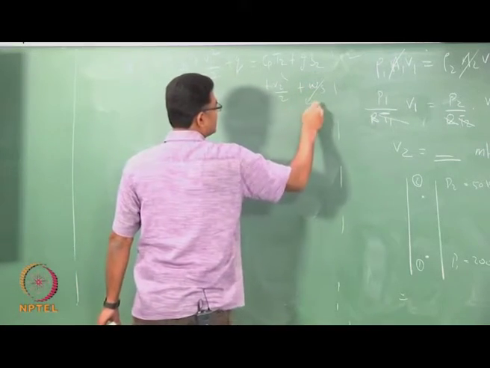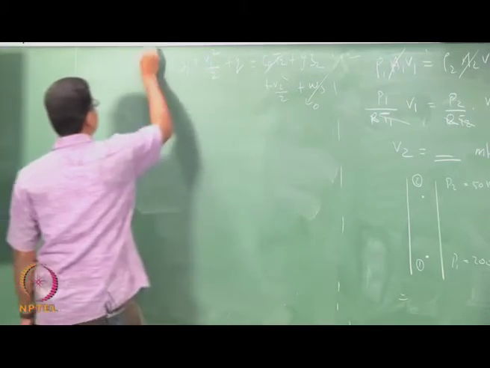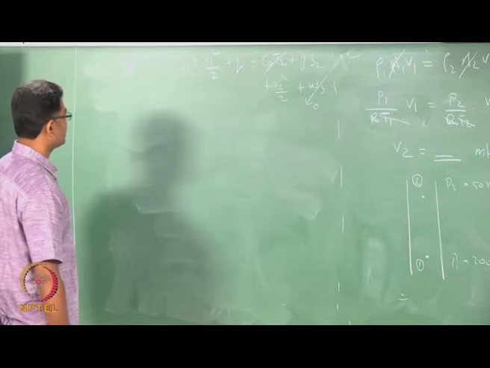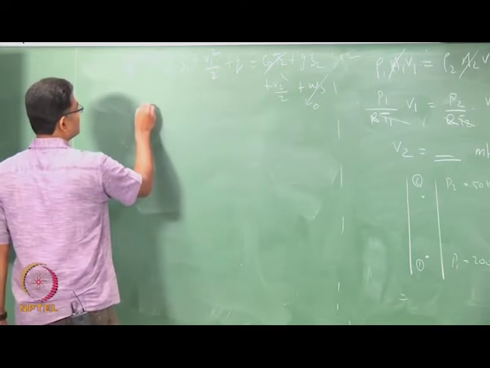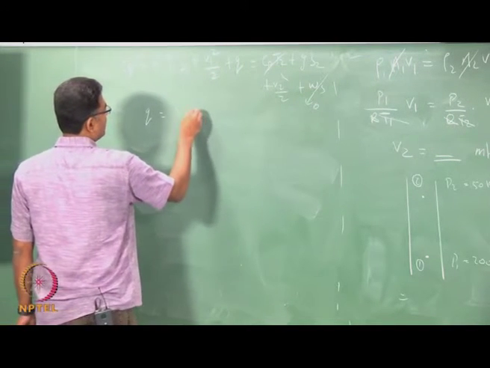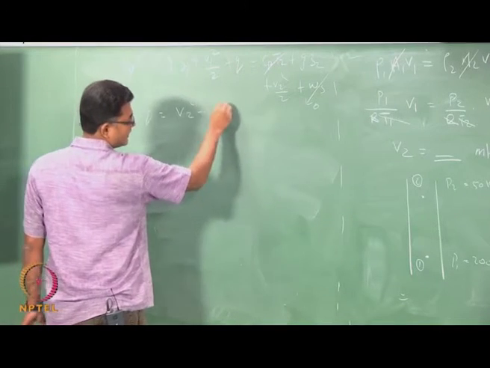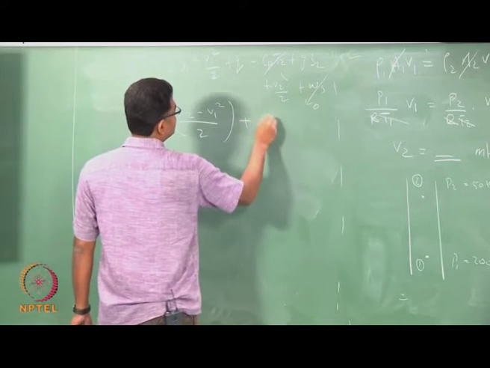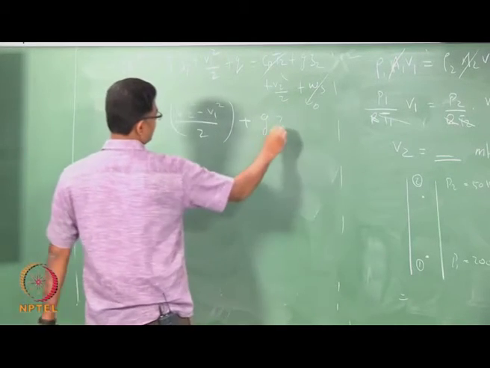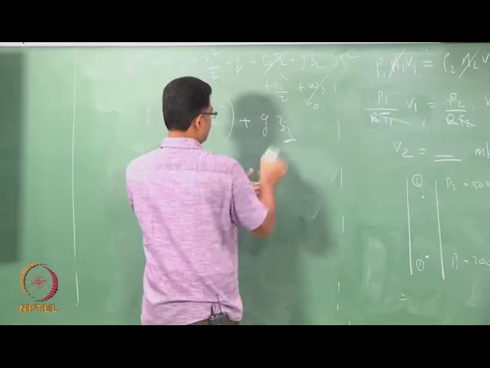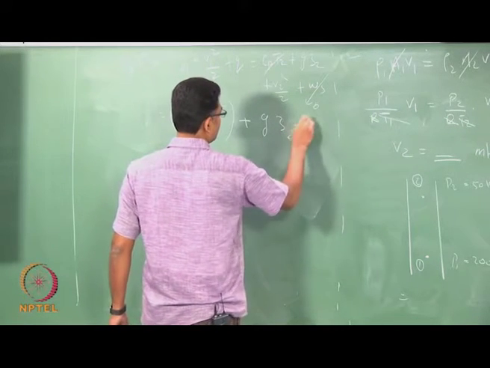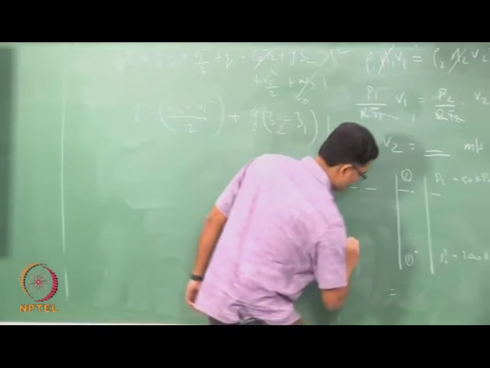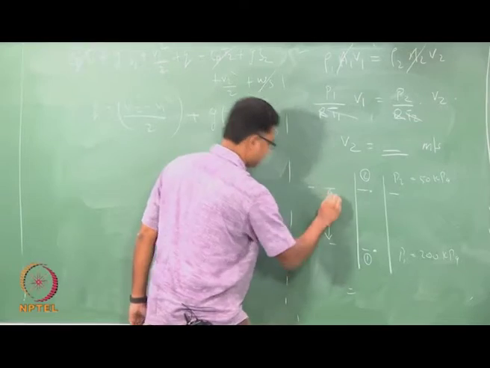Ws is assumed 0, Cp T2 and Cp T1 are same because the temperature is same, it is an isothermal condition. So, you are left with Q is V2 square minus V1 square by 2 plus G into Z2 minus Z1. So, you need the distance between these two.